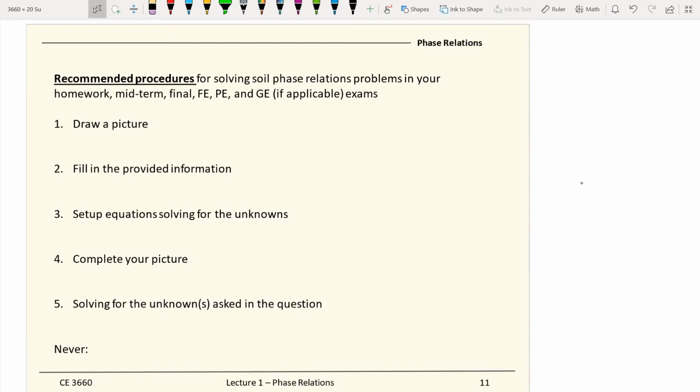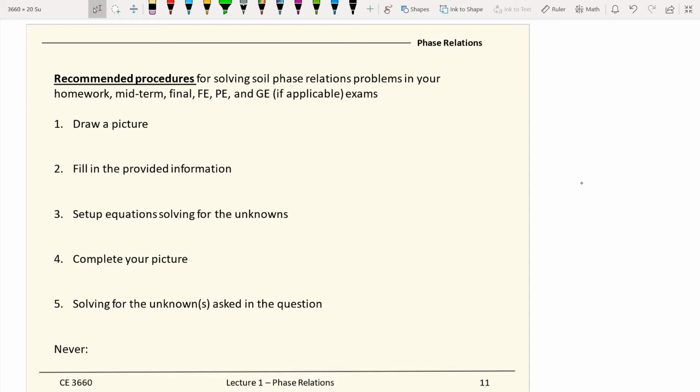Be very clear that the only way to solve phase relations problems is through understanding how the phase diagram operates. That's very important. Rather than trying to find the right formula from the book, or maybe trying to memorize a formula the day before the exam, and hopefully that formula can help you solve a particular parameter that the problem asks for.